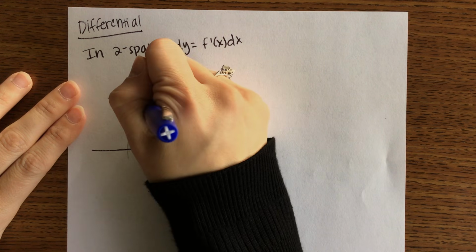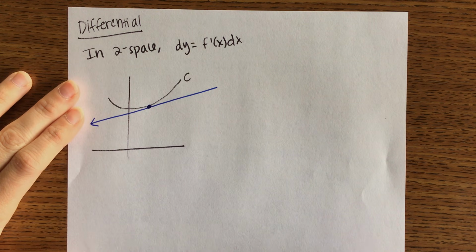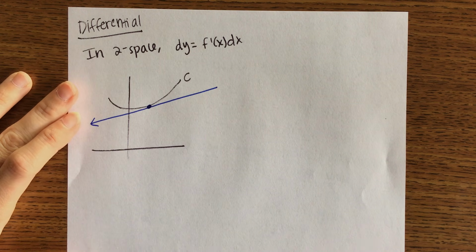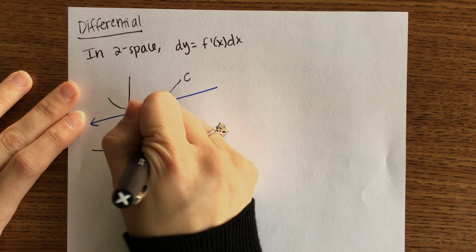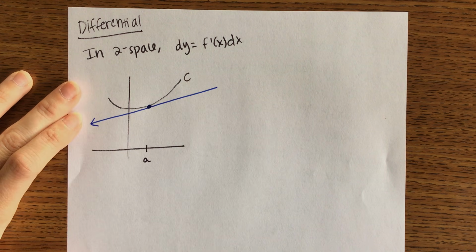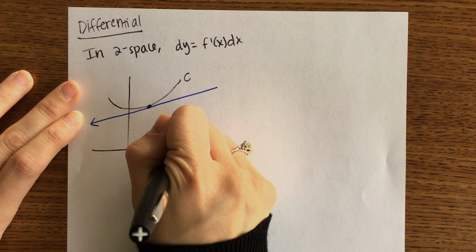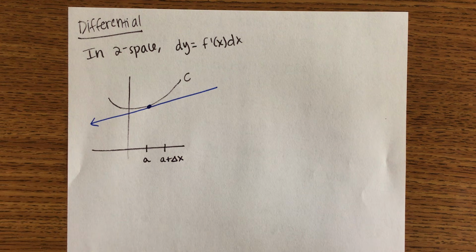We choose some point, and we draw in the tangent line at that point. At that point, let's call our x value a. Then we might go a little bit further along, so that'll be a plus delta x, so a plus whatever the change in x is.